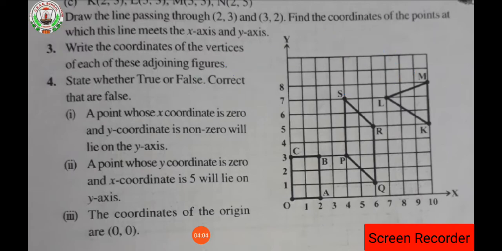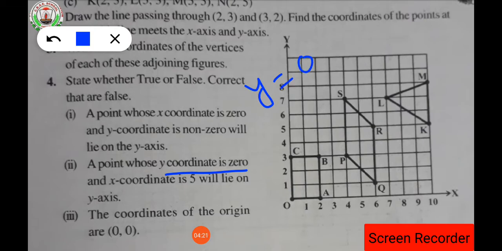Then for the second part of question number 4, it says that a point whose y coordinate is 0 and x coordinate is 5 will lie on the y-axis. The value of y is 0 and the value of x is 5, so the coordinates (x, y) will be (5, 0).